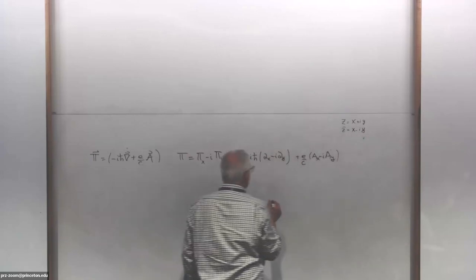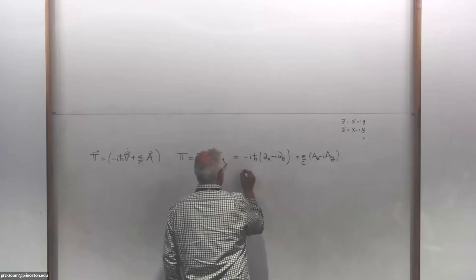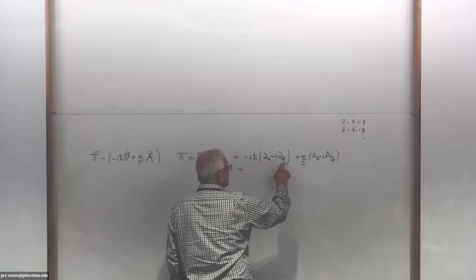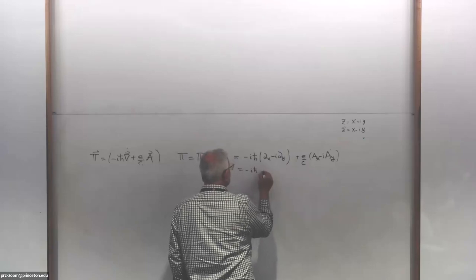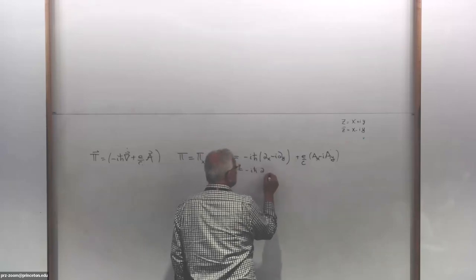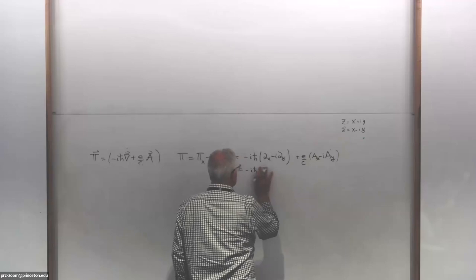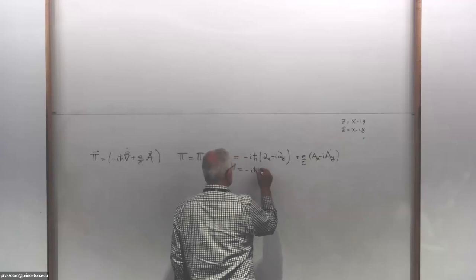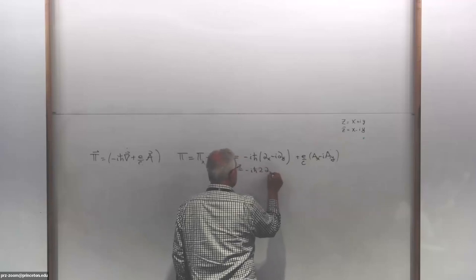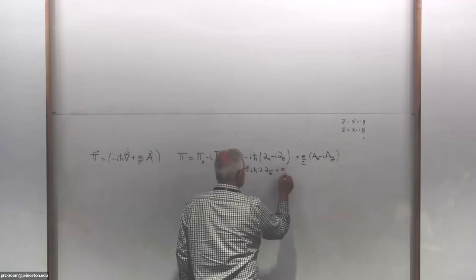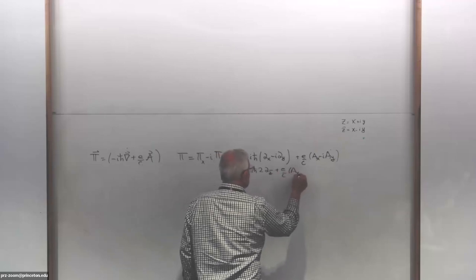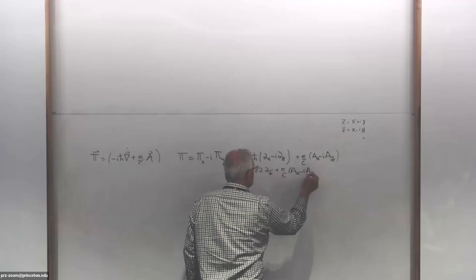You could easily show that dx minus i dy is minus i h bar times 2 times d z bar, plus e over c (Ax minus i Ay).